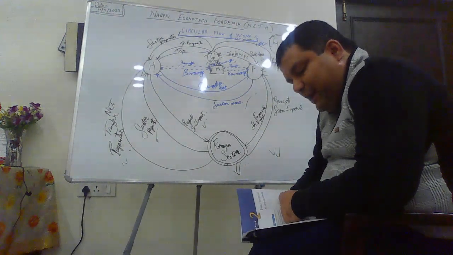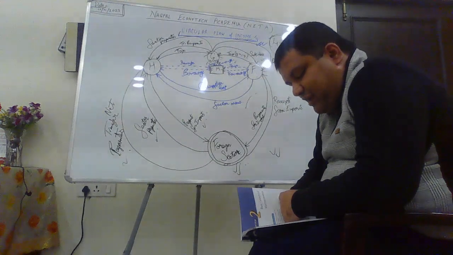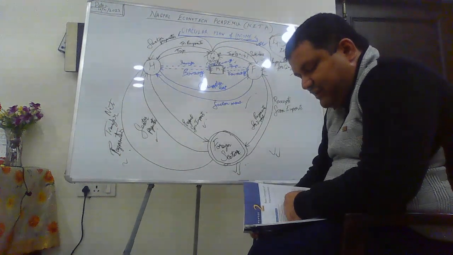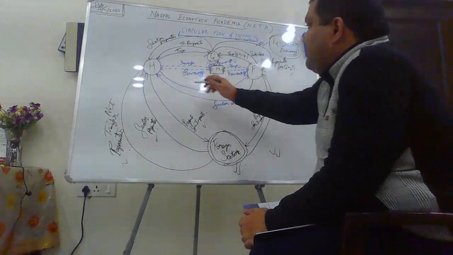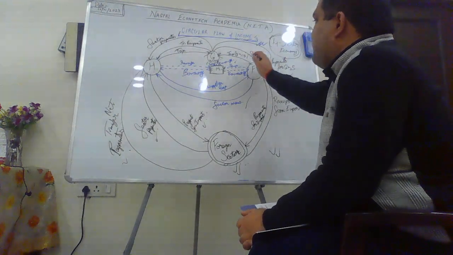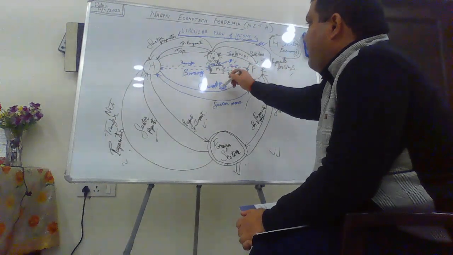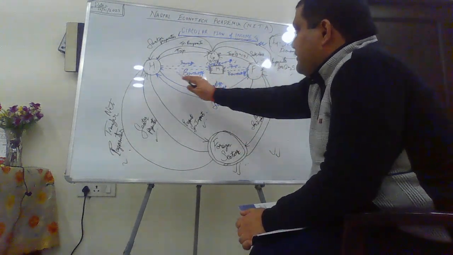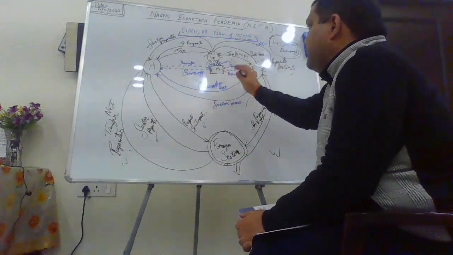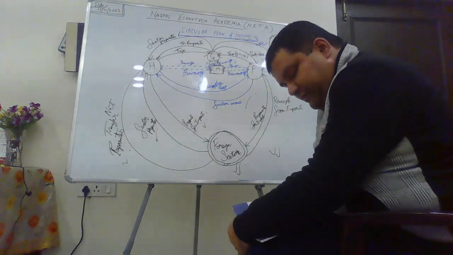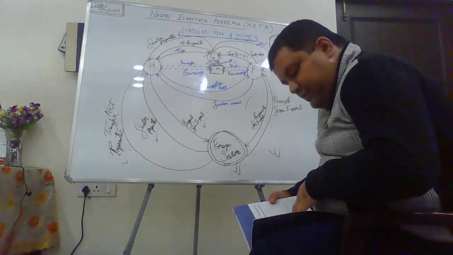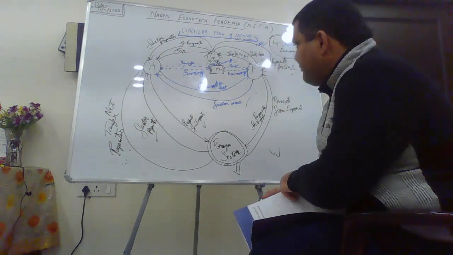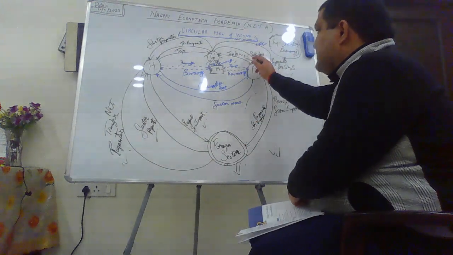So what are the examples of leakages in different types of economies? In case of a two-sector economy without a financial market, that is when there is only the household sector and firm sector, and no financial market, government sector or foreign sector, there is no leakage. But when there is the two-sector economy with the financial market, the leakage is the savings.